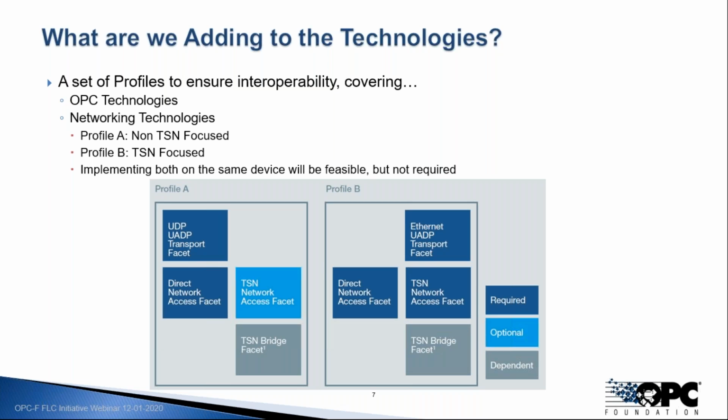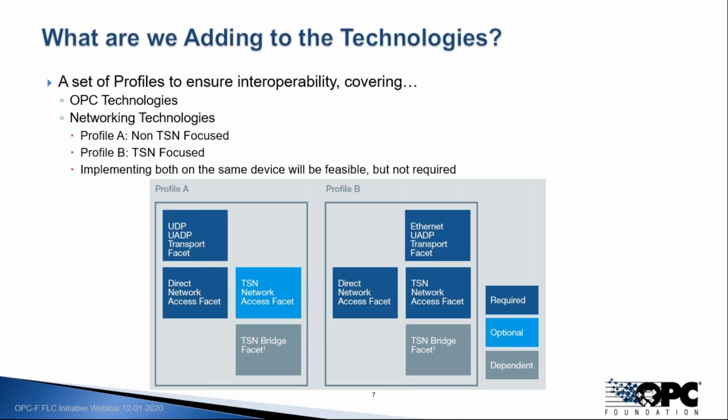More specifically, we're going to have two profiles that talk about the technologies that are going to be available for doing networking quality of service. There will be a profile A defined that will define capabilities for non-TSN based quality of service. That one, in addition to the non-TSN based quality of service capabilities, will also define the use of the full UDP stack for exchange of data with PubSub.